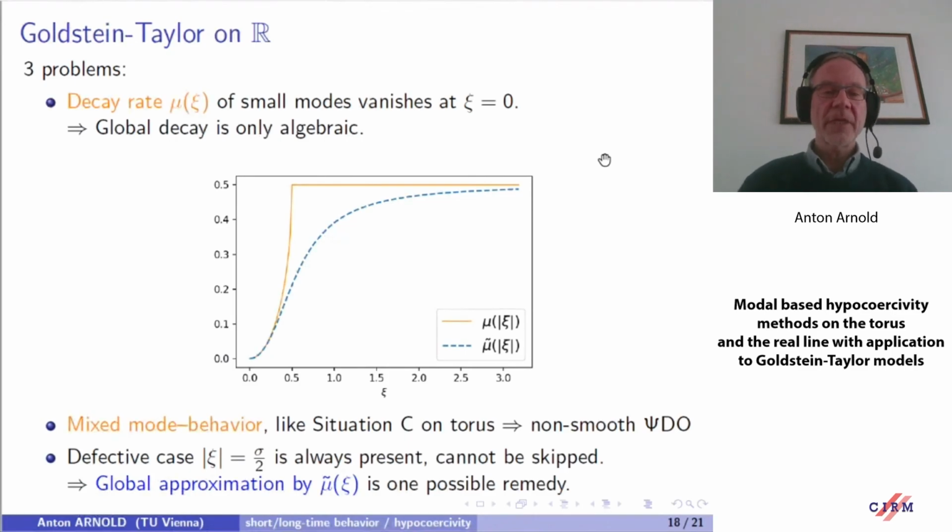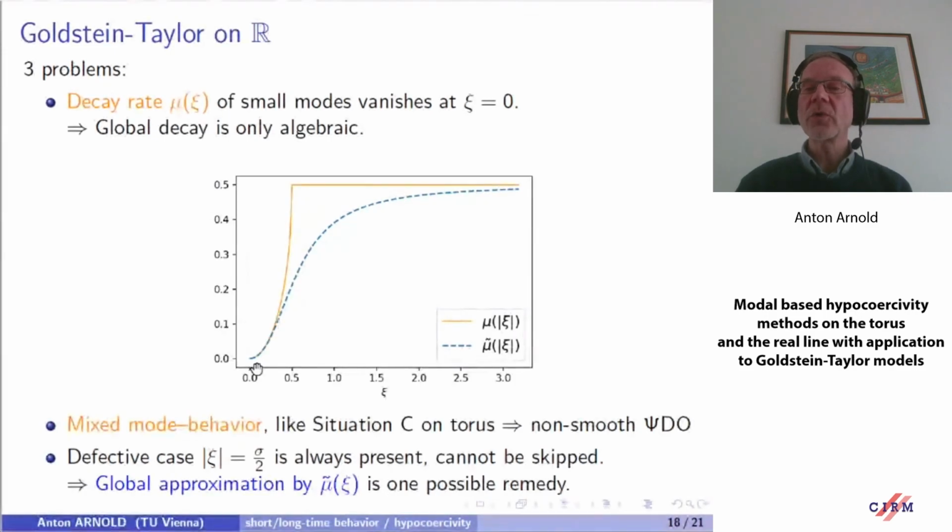First of all, let me look at this plot here. Let's first look at the orange curve. The orange curve is the decay rate, I call it mu, as a function of the modal index psi. We see that the modal decay rate will vanish when psi becomes closer to 0.